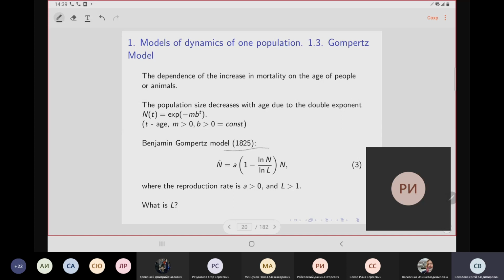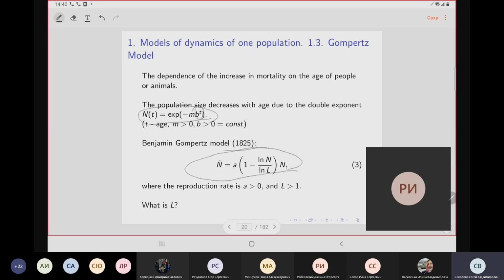And he understood that the probability to die at some age is the double exponent of a power with some constants. So he considered the differential equations with this solution, and he got equation 3.